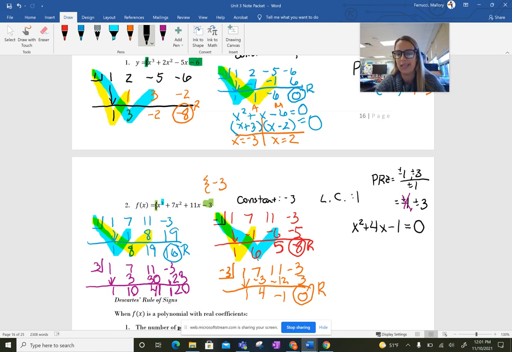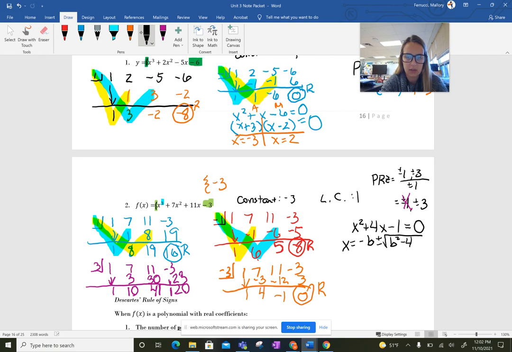At this point, there's nothing that multiplies to -1 and adds to give you 4. So this one's kind of a tricky one, because you're going to have to use the quadratic formula.